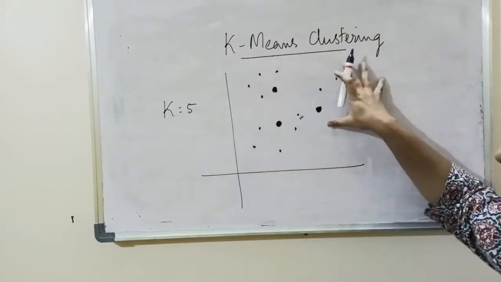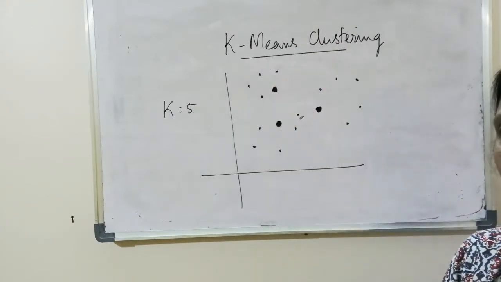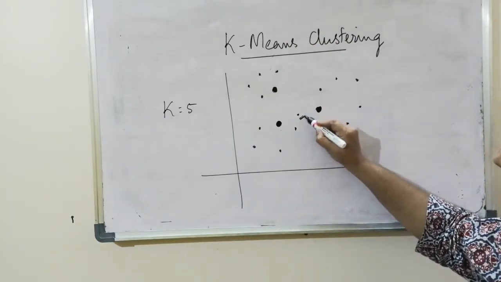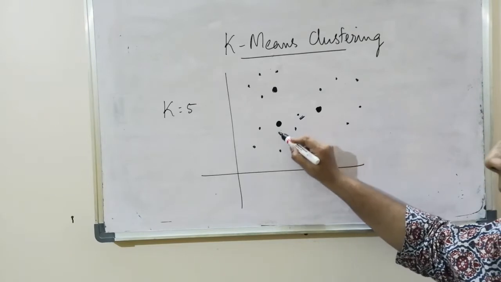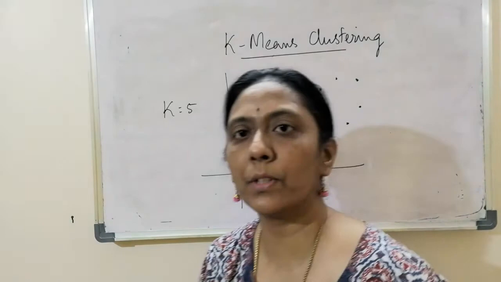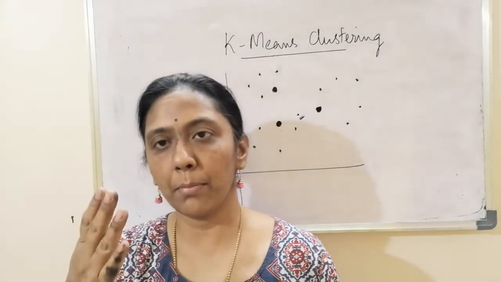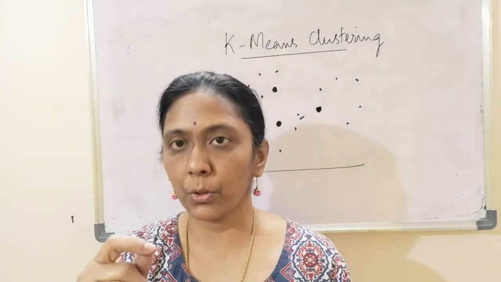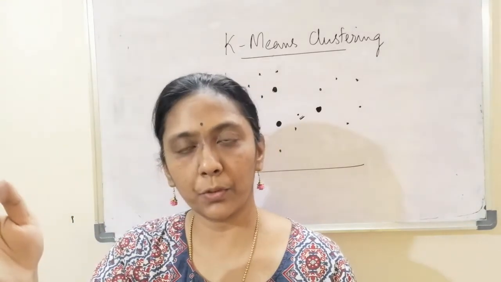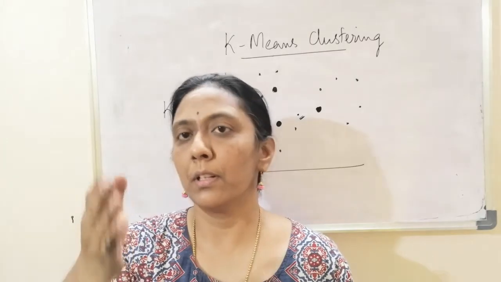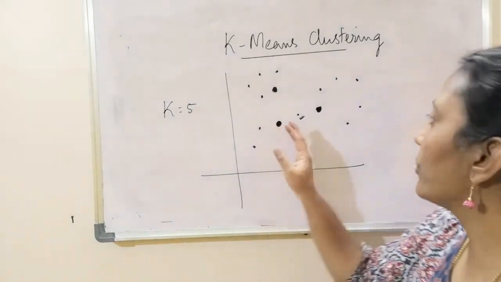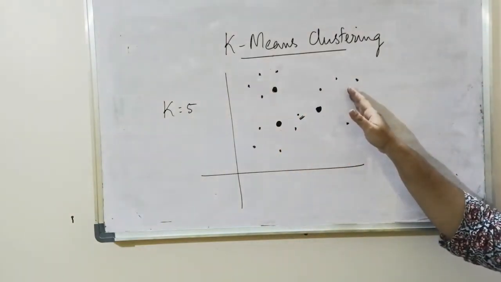In this cluster or this cluster or this cluster? In order to find out, we have to find the center point or the perpendicular bisector, and then find out whether that point lies to the left of the bisector or to the right. If that point lies to the left of the bisector, then it falls in this cluster. When it falls to the right of the bisector, it falls in this cluster.